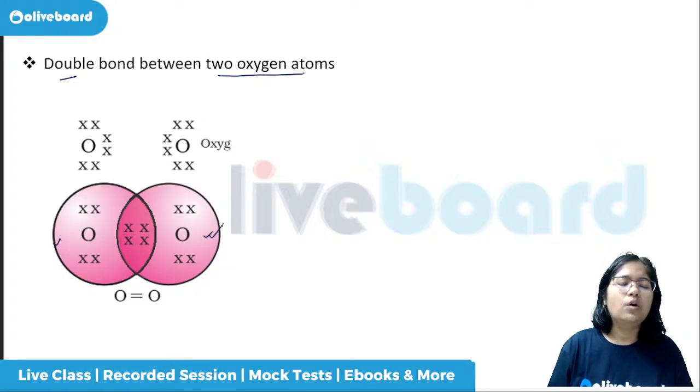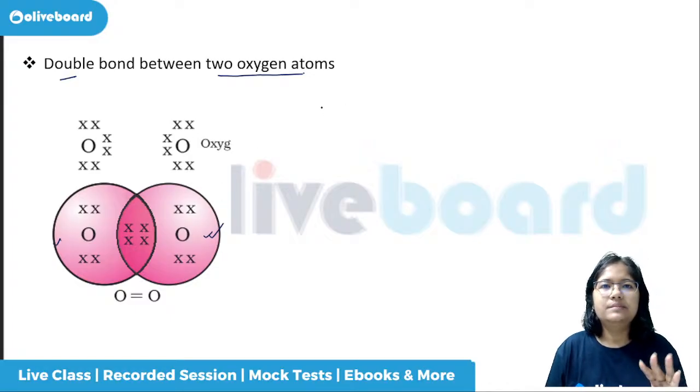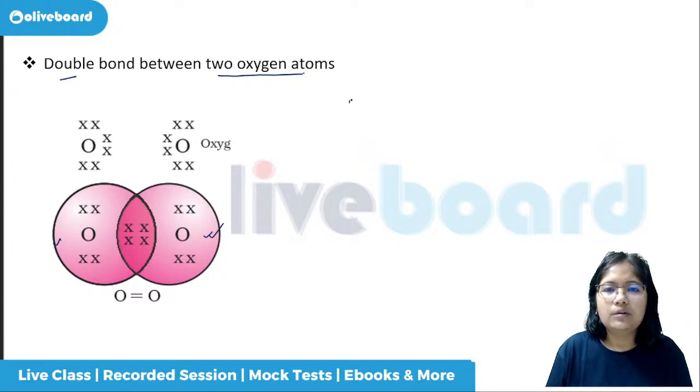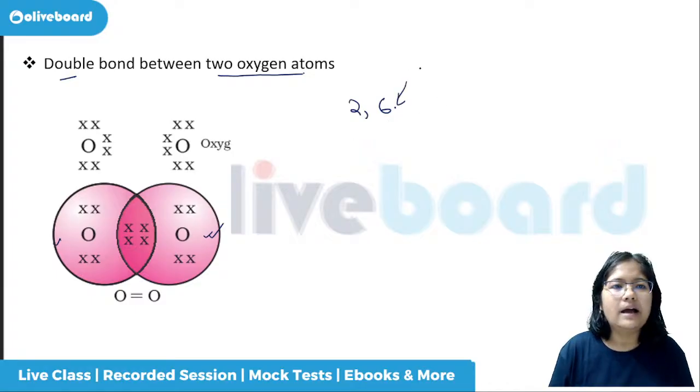If there are two oxygen atoms, then in this case we see that hydrogen, helium, lithium, beryllium, boron, carbon, nitrogen, oxygen. That means how much? 8. Now that means you have 2 and 6, right? Now it is easy that you can ask for 2, right?